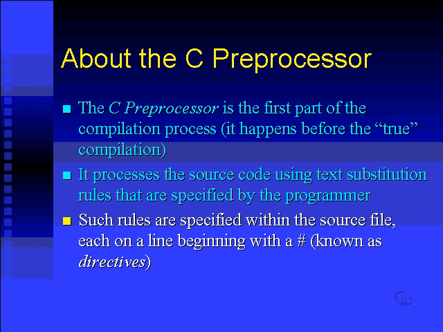Now, we wrote a line of text that said hash include stdio.h. Okay, fair enough. What did that actually do? Well, that single line of code that said hash include stdio.h is removed by the C preprocessor. It's removed entirely. And in its place is put the entire contents of the file called stdio.h.